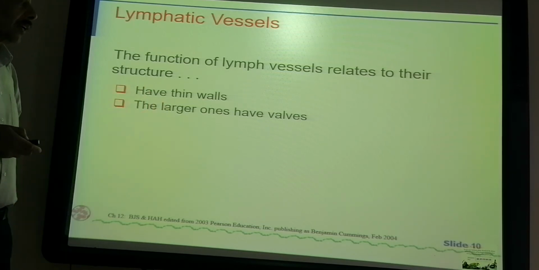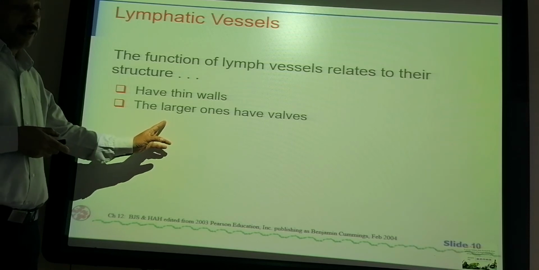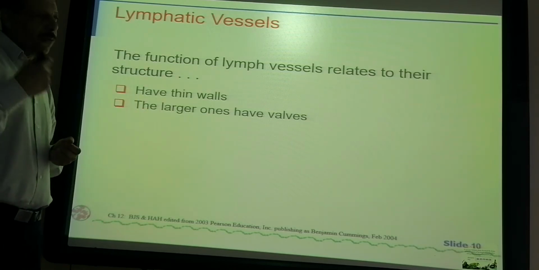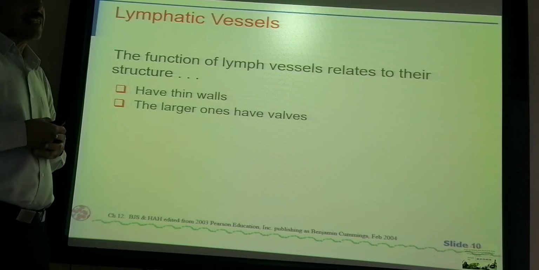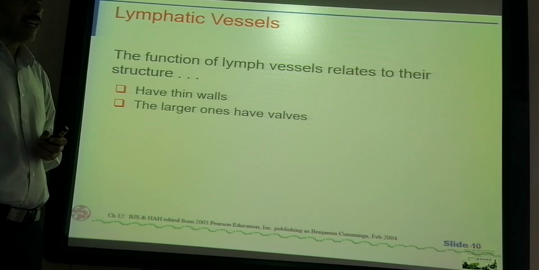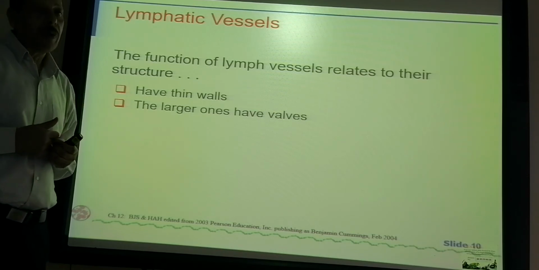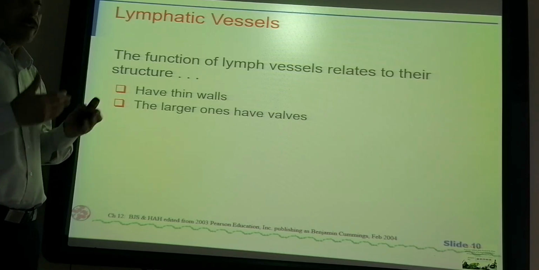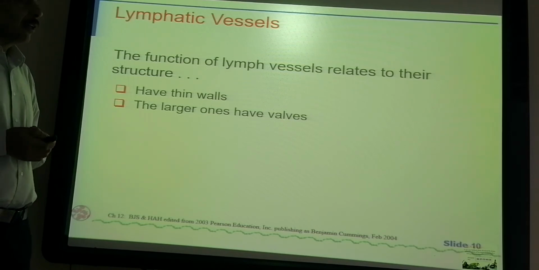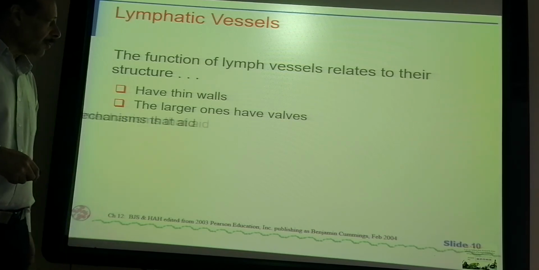The larger ones have valves. Those valves prevent, as you remember when we discussed the veins, the veins also have valves that keep the fluid moving in one direction and prevent it from returning back to the tissues.